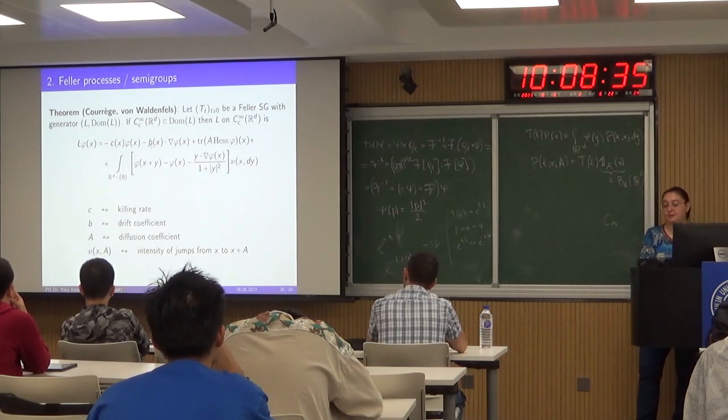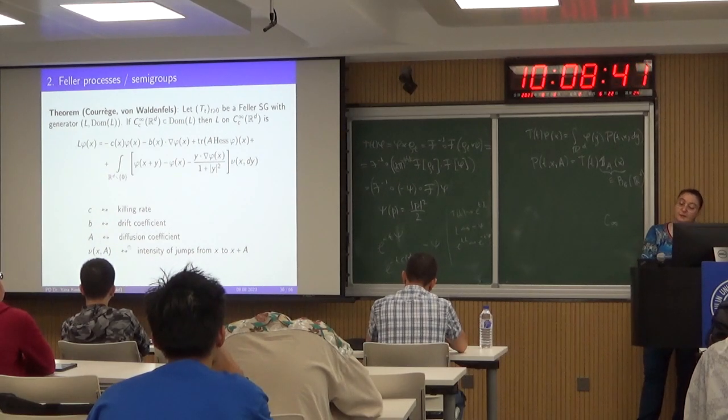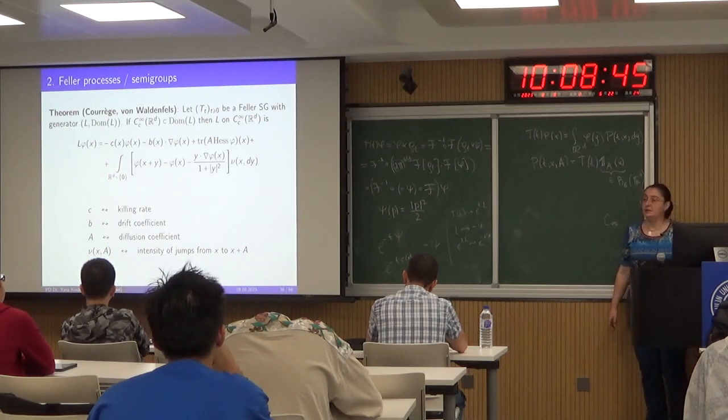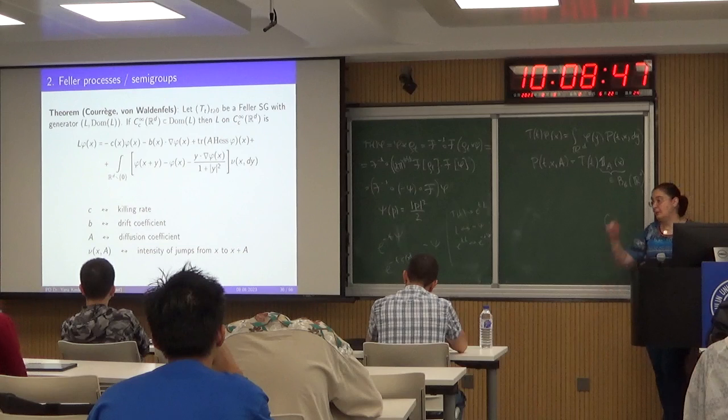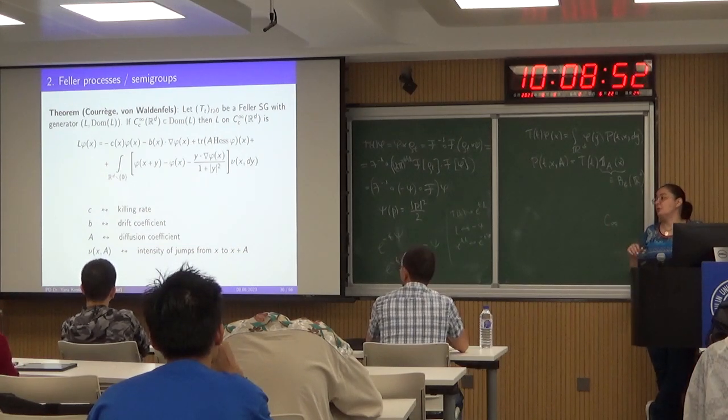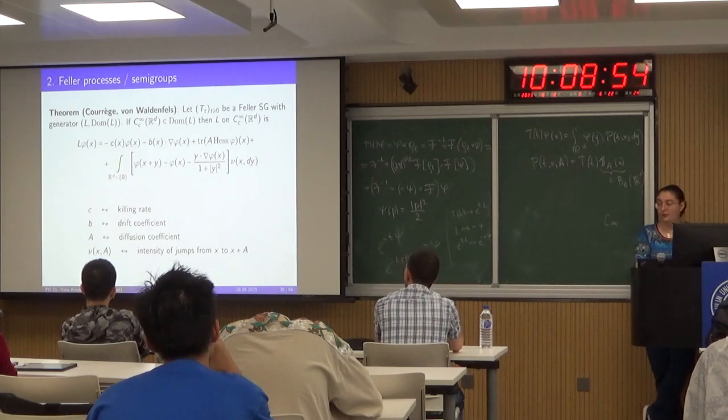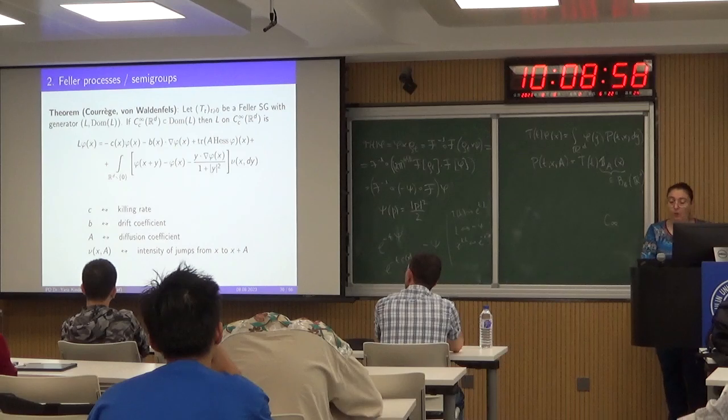So B depends on x, of course, so at each point we have its own drift coefficient. A is a diffusion coefficient. So again, if the matrix A is just an identity matrix, we have a Laplace operator and hence Brownian motion. More generally, we have a diffusion process, and A of x is a diffusion matrix, diffusion coefficient.